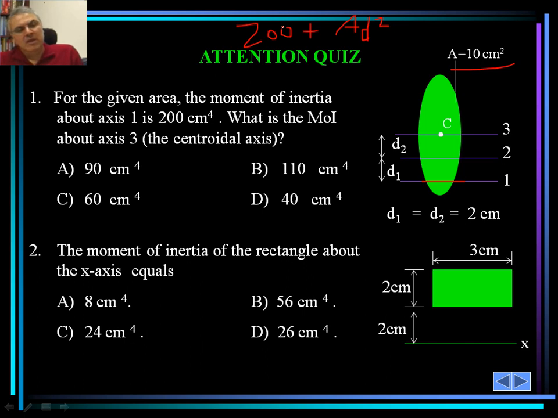So here we need to work backwards, because from here we want to know the moment of inertia about axis 3. This would be I sub with respect to 3.